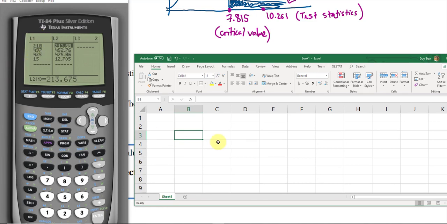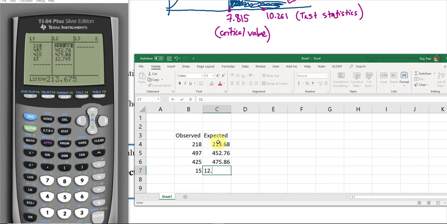This is the observed frequency: 218, 497, 425, 15. And this is the expected frequency: 213.68, 452.76, 475.86, and 12.705.